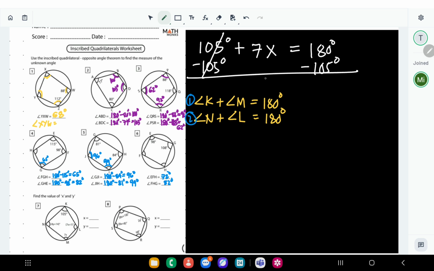We solve this algebraically. Then we're left with 7x equals, what is 180 minus 105? 75. Yeah, we divide both sides by 7. So x is 10.71 degrees.